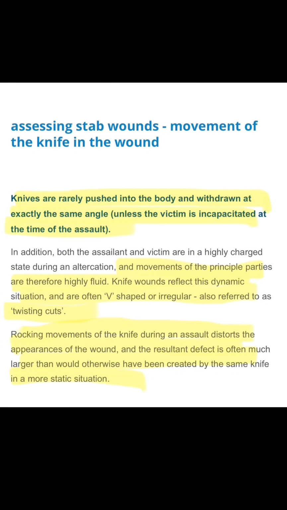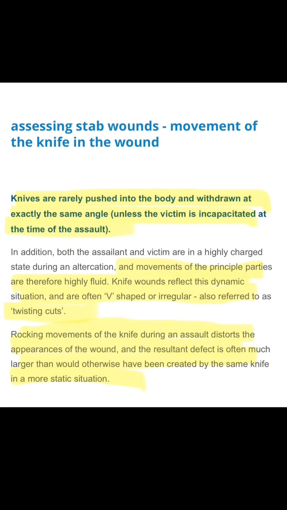Knife wounds reflect this dynamic situation and are often V-shaped or irregular, also referred to as twisting cuts. Rocking movements of the knife during an assault distort the appearances of the wound, and the resultant defect is often much larger than the wound would otherwise have been created by the same knife in a more static situation.